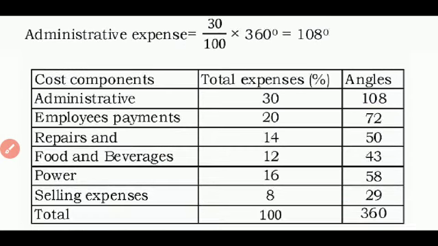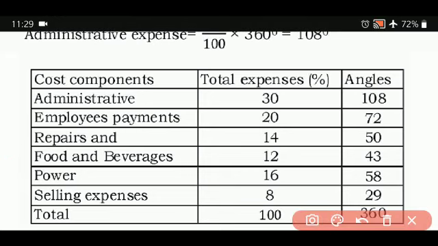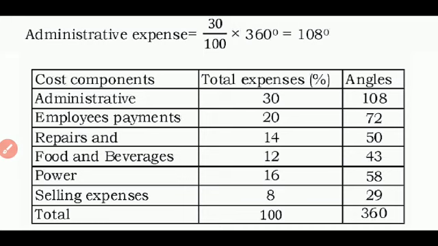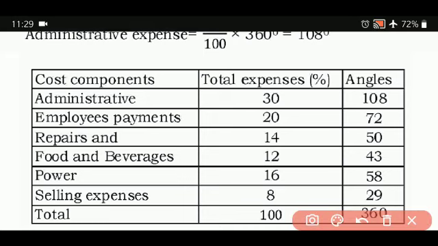Similarly, they have done it for 14 also. That is, 14 divided by 100 into 360 degrees. This value you are getting as 50. Next, for the next one, food and beverages, 12 divided by 100 into 360 degrees, you get 43.